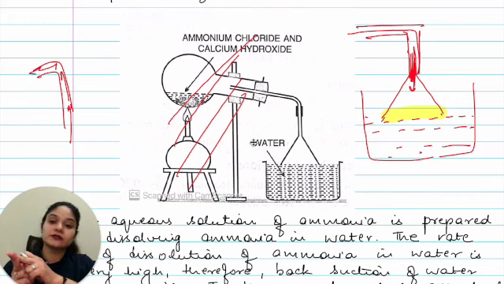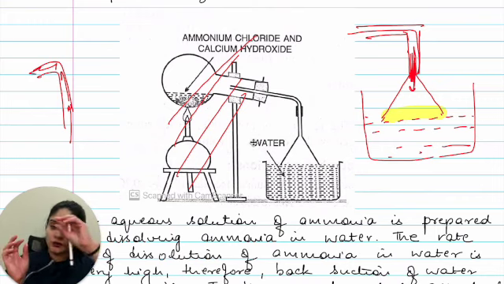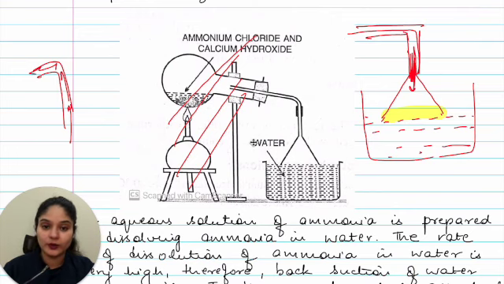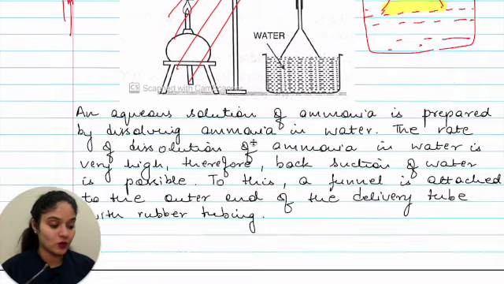So that is the reason we never use the regular tube arrangement. We use the inverted funnel arrangement. Larger surface area, so the water would rise up and then fall back down. Okay, so this is your preparation of aqueous ammonia.